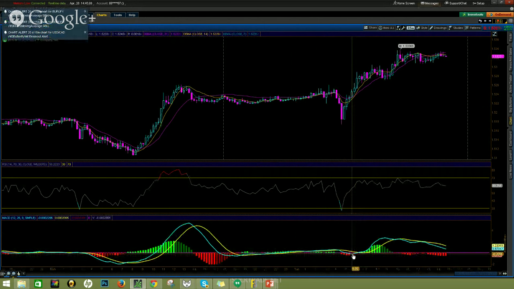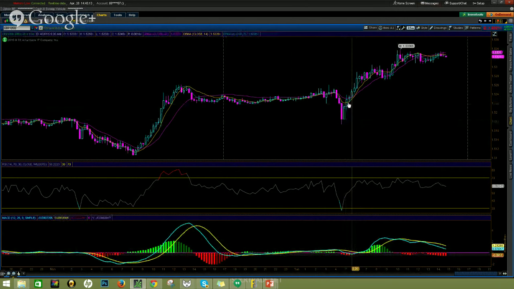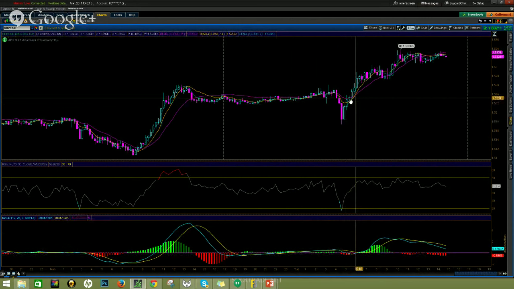Okay, so you could have taken this on Nadex and won. You could have waited until you saw the exhaustion, and that would have been on this candle, so you could have bought here along with the Forex trade.